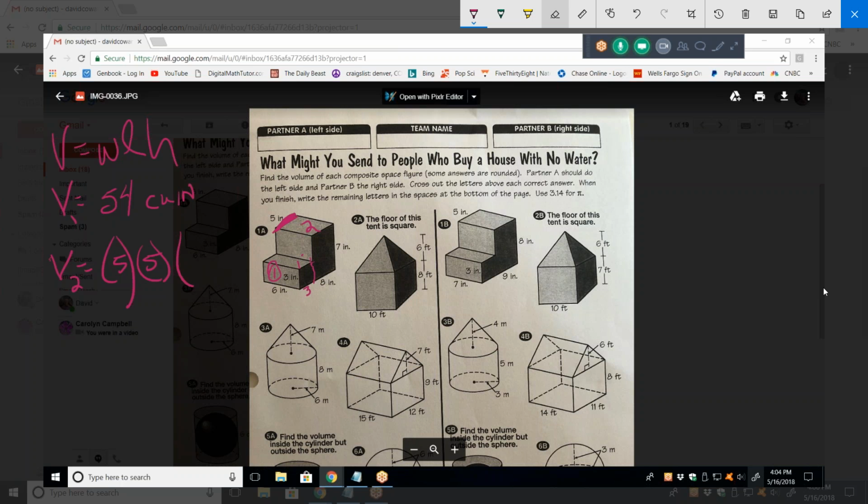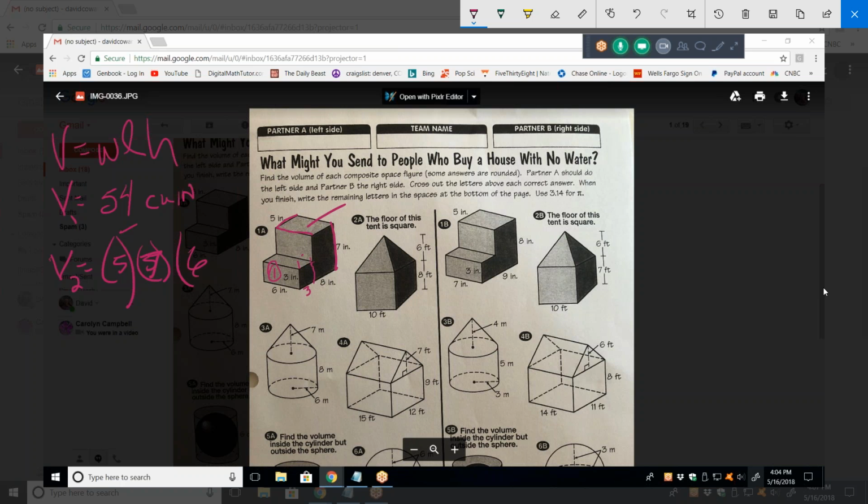Here, I may have confused you by putting this number 2. Oh. Okay, we're dealing with this block right there. Yes. What's that dimension? 5 inches. What is this dimension? 7 inches. Okay, there's only one dimension that we haven't covered, and that's this dimension. What is that? Oh, it's 6.